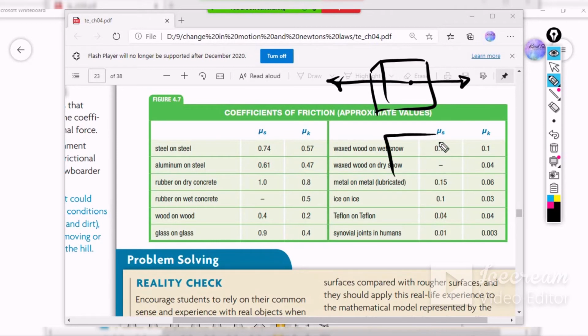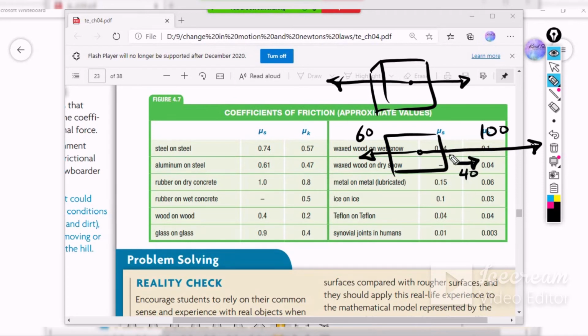When the object starts to move, the applied force is more than the friction, and the net force will be like that. Suppose this one is 100 and this one is 60, this net force will become 40.